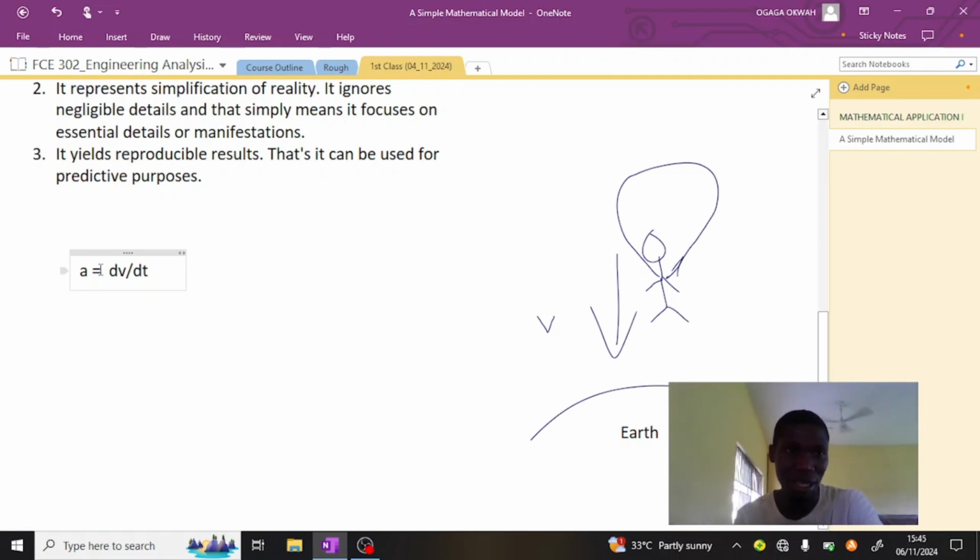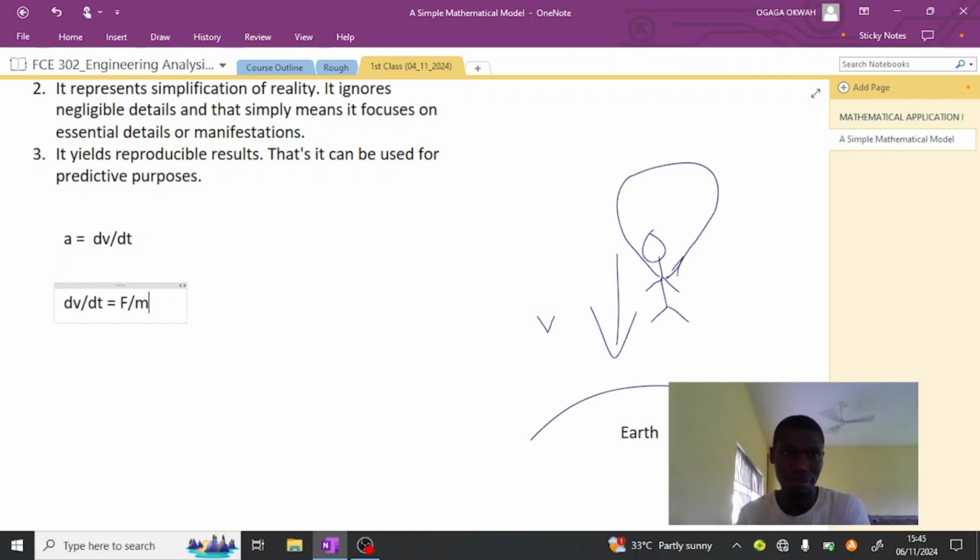It doesn't really matter, but this is a well-known fact already, that acceleration is change in velocity with time. So dv/dt is acceleration. So this dv/dt is substituted into equation 3. Therefore, equation 3 now becomes dv/dt equals F over m. This is equation 4.